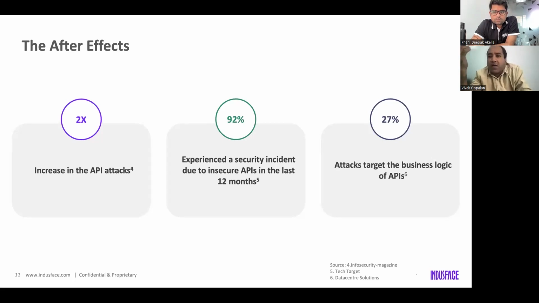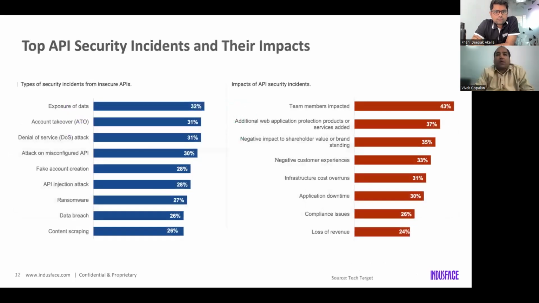Some of the common things would be exploiting a refund API that is available, or exploiting the checkout API that is available. So based on how these APIs are built and the business logic that is available, there are exploits being carried out. So what does this mean to you?